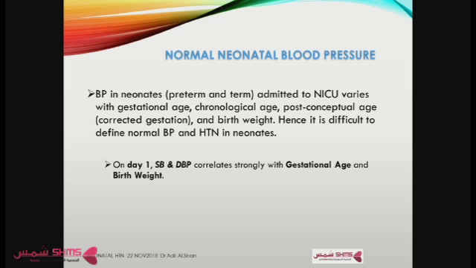Normal neonatal blood pressure in the ICU varies with gestational age, clinical age, and post-conceptional age, with correlation to gestation and birth weight. Hence, it is difficult to define normal blood pressure with all these variables. On day one, systolic and diastolic blood pressure correlate strongly with gestational age and birth weight.